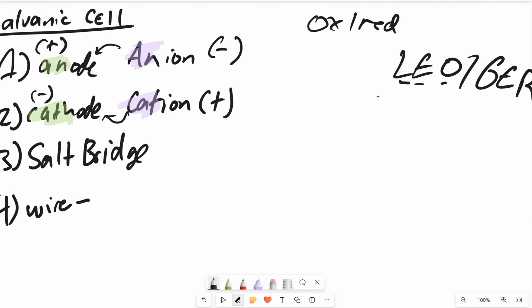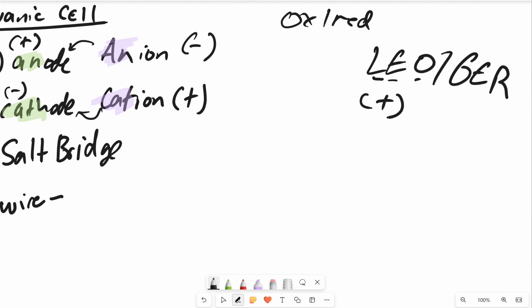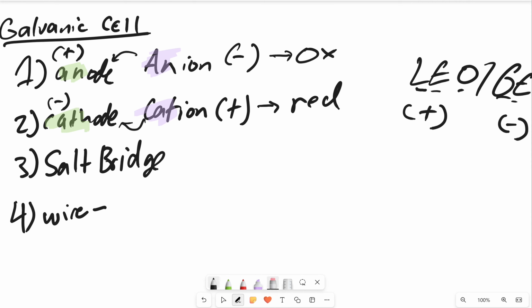It means losing electrons is oxidizing, so becoming more positive is oxidizing. And grr is gain electrons, reduced, or becoming more negative. Okay, so from here we can figure out that anode is the site of oxidation and the cathode is the site of reduction. Super simple.